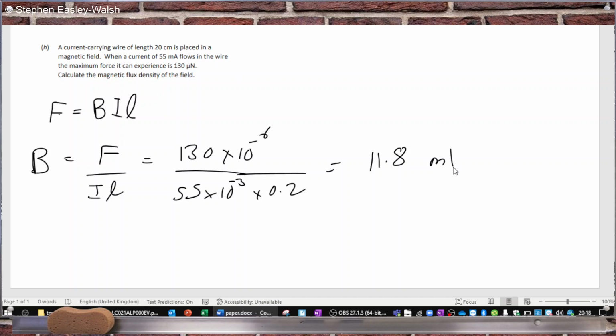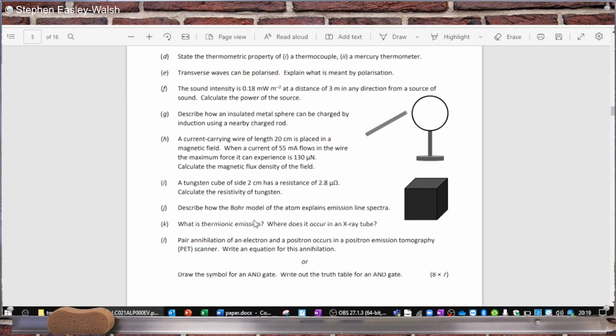No, this one is Tesla. A current carrying wire of length 20 is placed in a magnetic field when a current of 55 milliamps is flowing and produces a force of 130 micronewtons. Yeah, okay. I think that's okay.